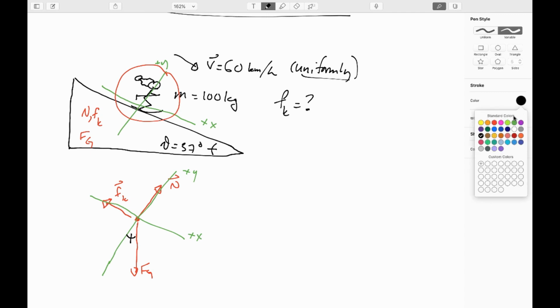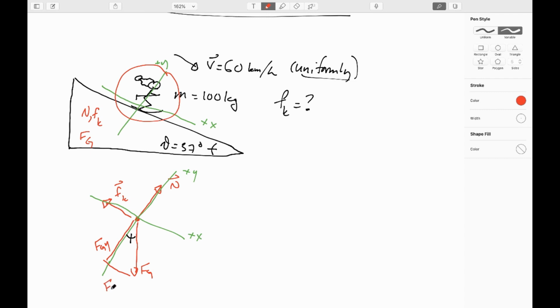Alrighty, so with that, we can go ahead and identify here, since these are the only components we're going to be worried about, this is my F_gy, and that's my F_gx, and I've dropped a perpendicular there. And this angle here is, again, my theta equals 37 degrees.